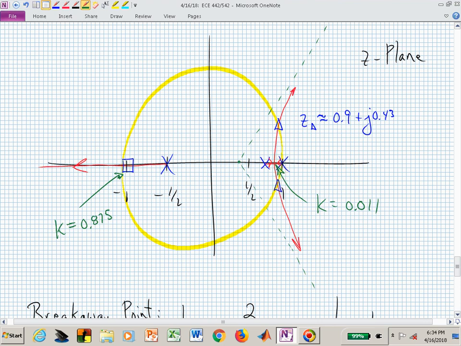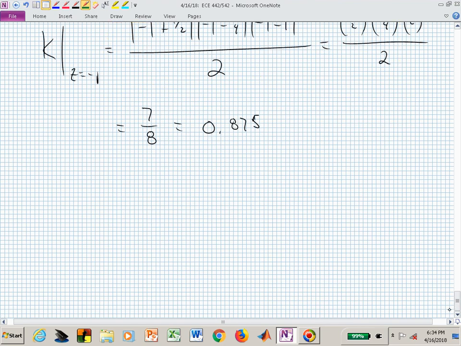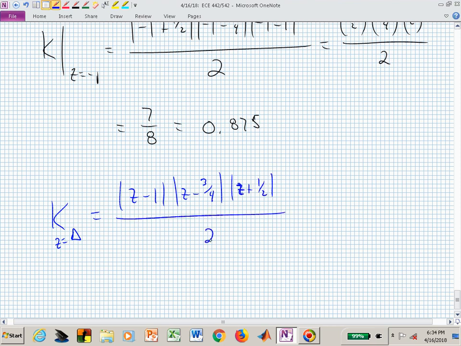I now need to check what's the gain to get me to that triangle. Either triangle, up or down, and I'm just going to do the one up. So now I want to know what's the gain K at the triangle. So now it's Z -1, Z minus 3/4, and Z plus 1/2, all divided by 2.